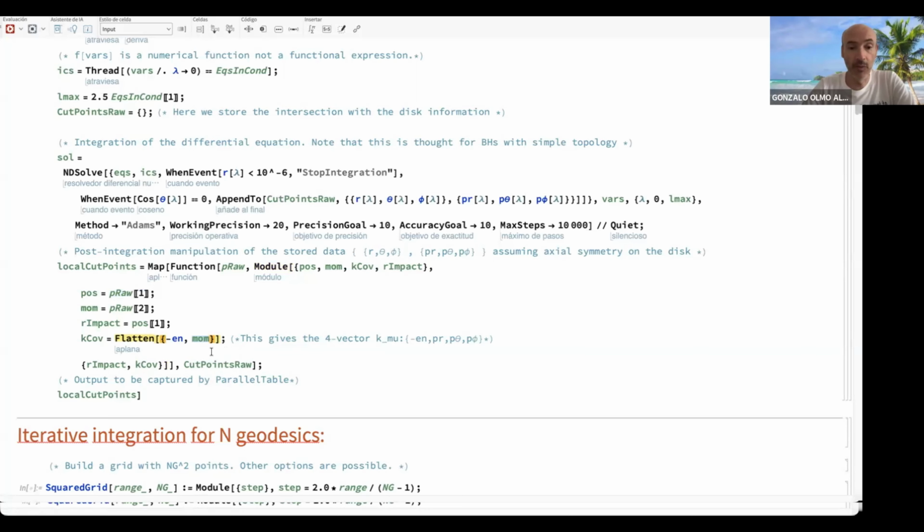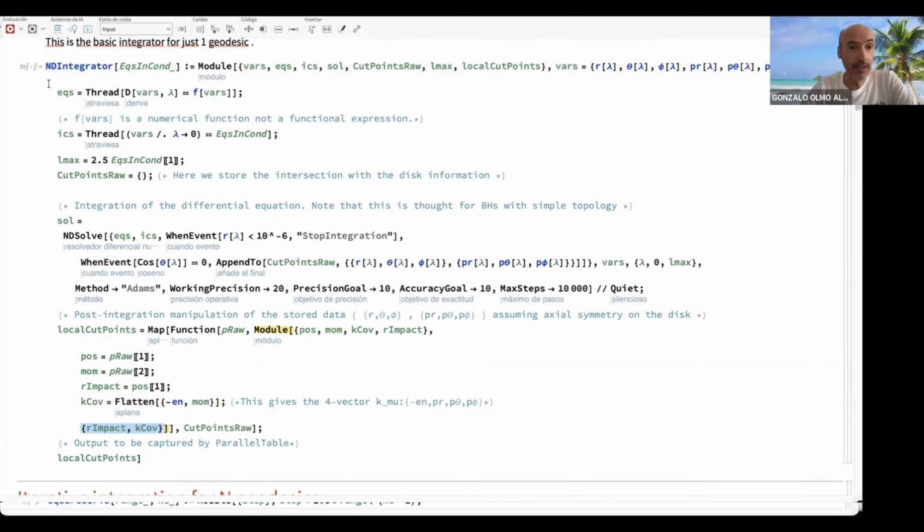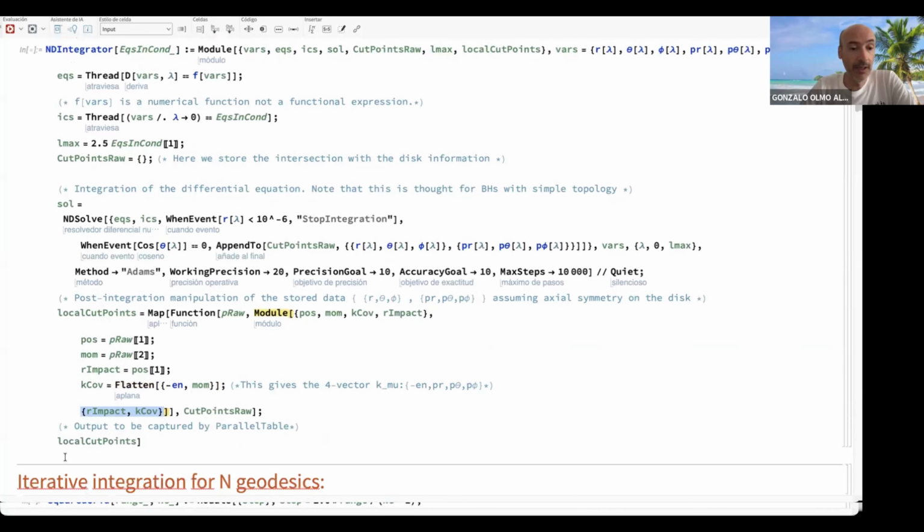Nothing special, but we need this 4-vector to compute the Doppler effect, to make the scalar product of the velocity vector of the fluid with the momentum of the photon. And that's it. So we are saving now the data like this in this function, local cut points. So this integrator is now giving us as output these local cut points, which are these 2 pieces of information, the location of the impact and the vector.